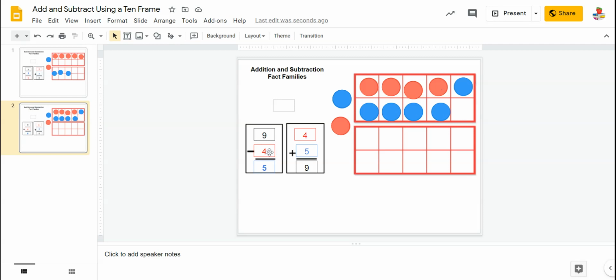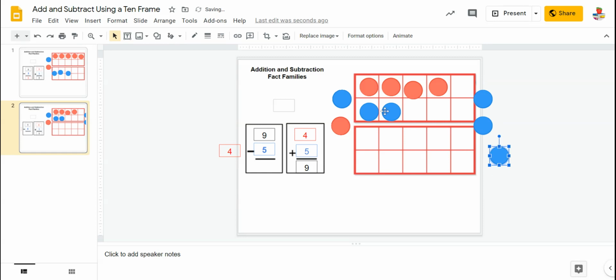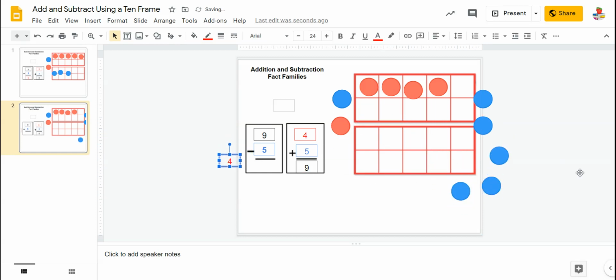The same thing over here. If I have 9 counters and I take 5 away instead of the 4, 1, 2, 3, 4, 5, I'm going to be left with these 4 counters right here.